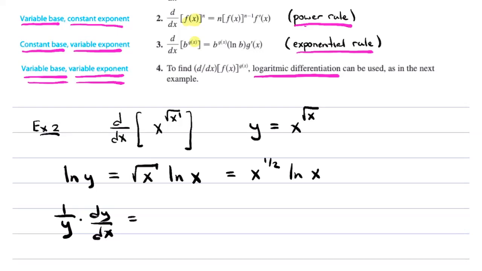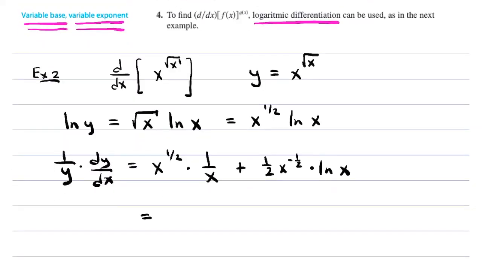So the product rule is: leave that 1/2 power alone times the derivative of log, plus the derivative of the 1/2 power times the log left alone. And that simplifies a little bit. x to the 1/2 times 1 over x is 1 over x to the 1/2. And then what have we got? Well, we'd have a log x in the numerator and a 2x to the 1/2 downstairs.